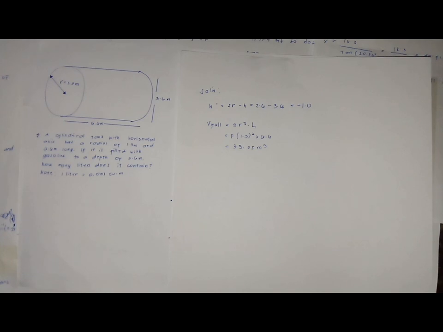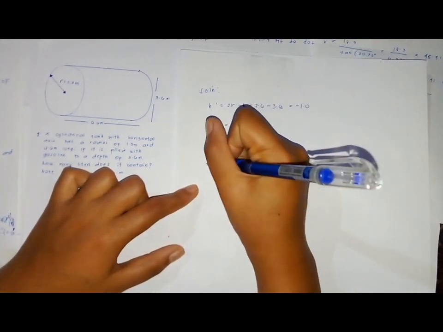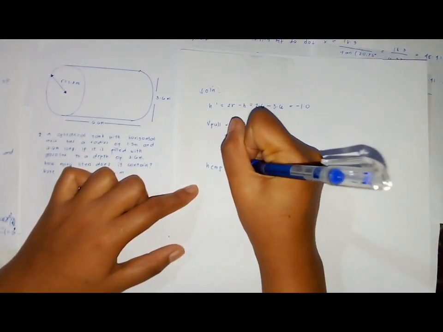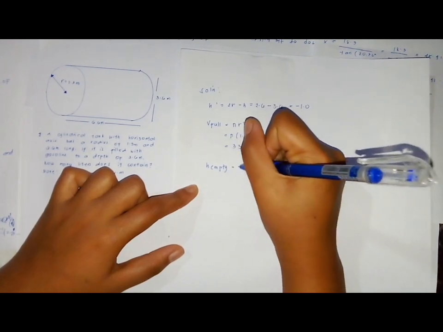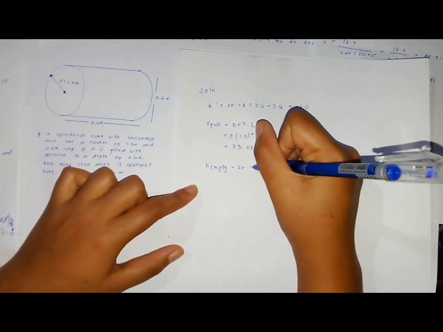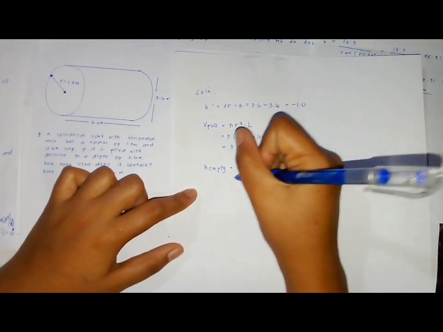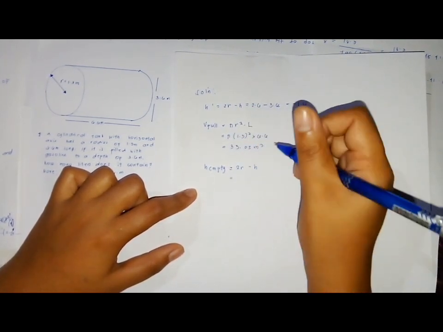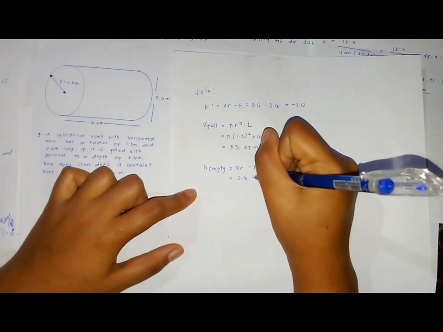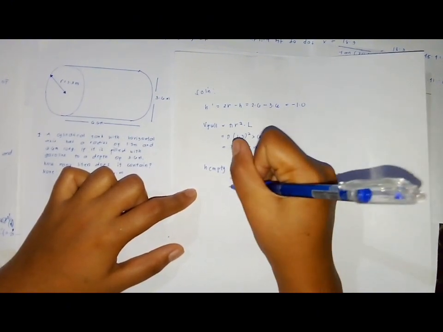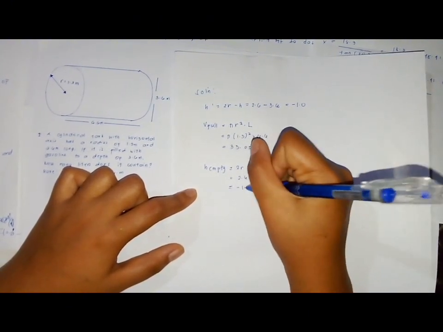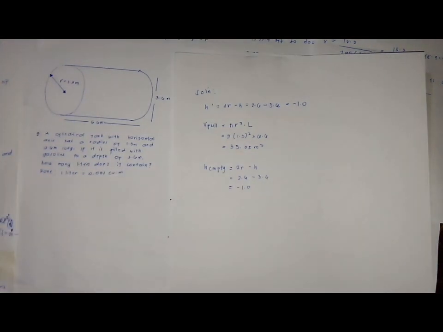So the height empty is 2r reduced by the height or the depth: 2.6 minus 3.6 is equal to negative 1.0. So we will use the circular segment area formula for a horizontal cylinder.